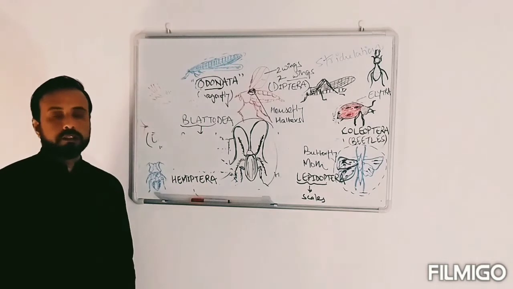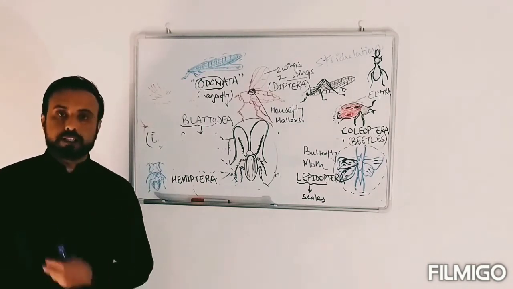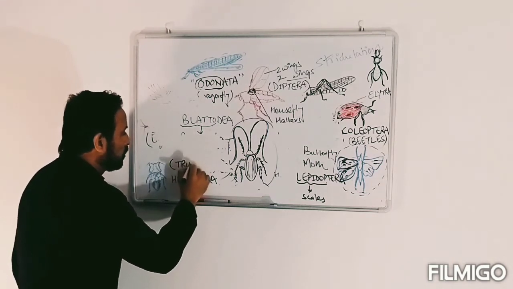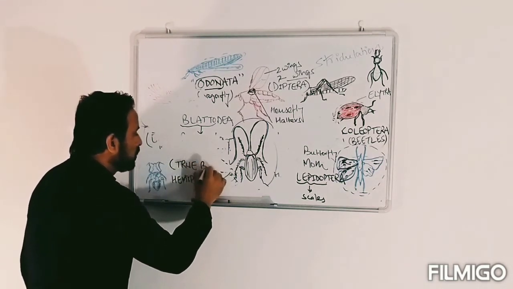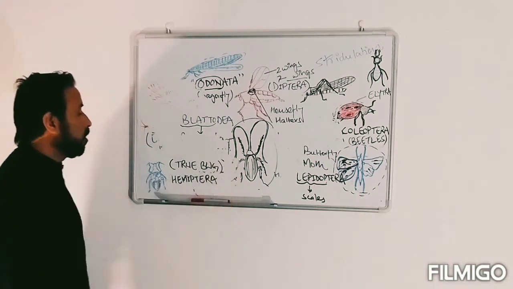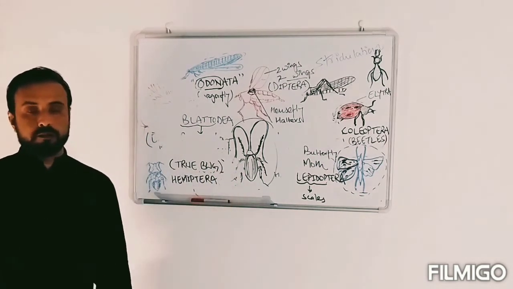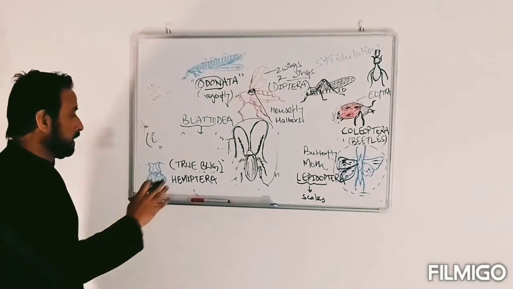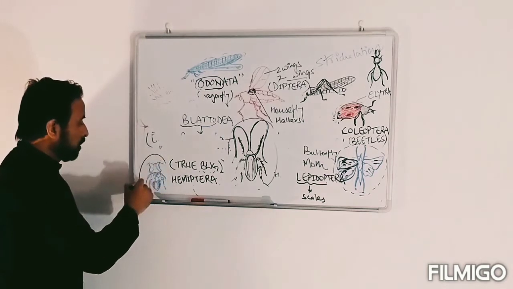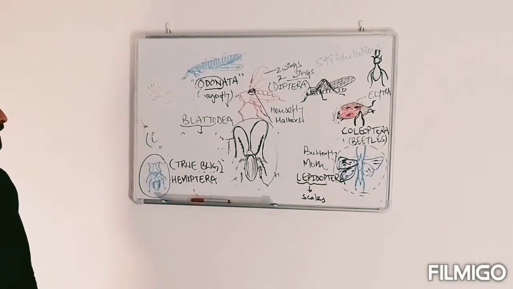Hemiptera is the order to which the true bugs belong, the true bug family. All the bugs which have authentic characters belong to the Hemiptera order of insects.